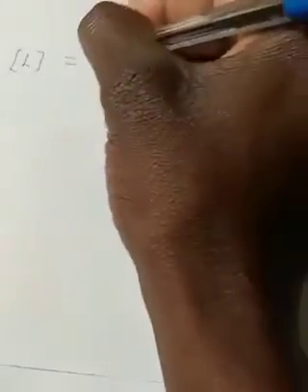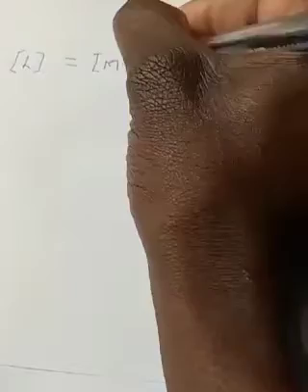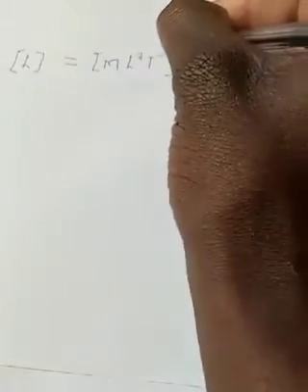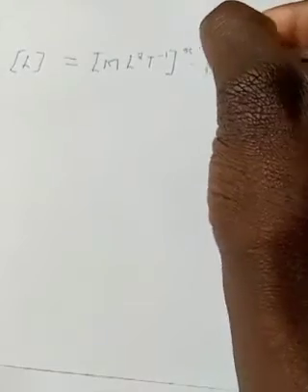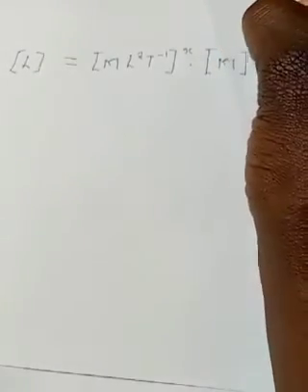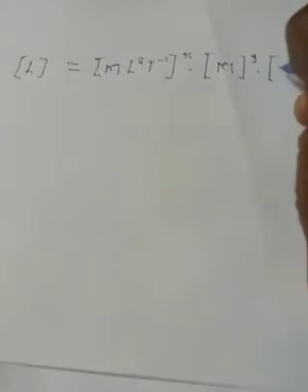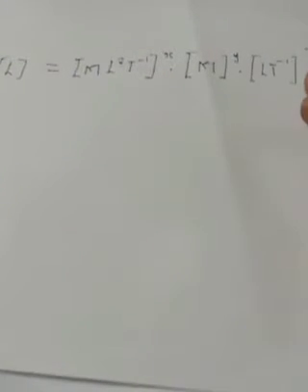So if you check the last part there, we are saying the dimensions are supposed to be what? In this case, the dimensions are supposed to be L has to be equal to m L square t to the power -1, you close, say x dot m y dot L t to the power negative 1 power z.